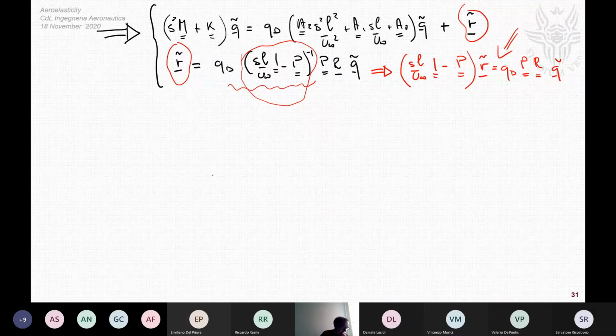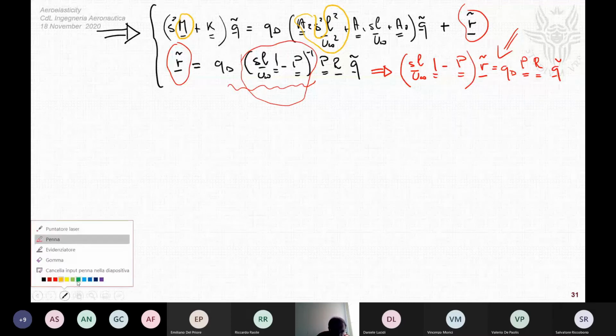In fact, now we are just to recap everything in time domain. You have to put together matrix. For example, here we have a matrix multiplying S square, and we have another matrix multiplying S square. We have a stiffness matrix multiplying S to the power 0.